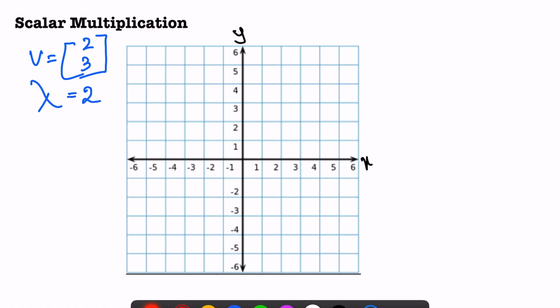So this is our v. Now when we will be multiplying it with a scalar, the vector will be stretched or squeezed. Here the scalar is 2, so the vector will be stretched and the length will be increased by 2.